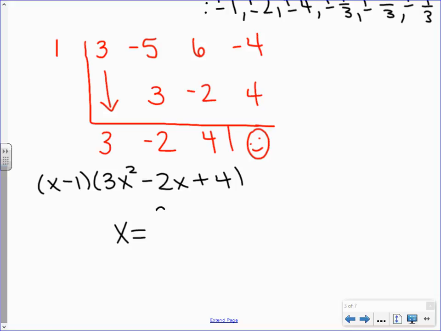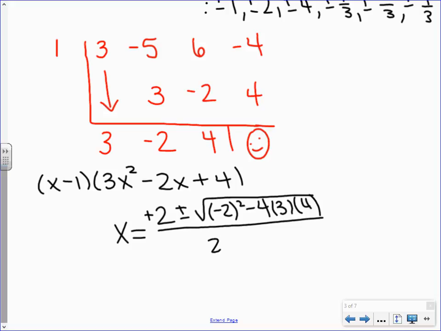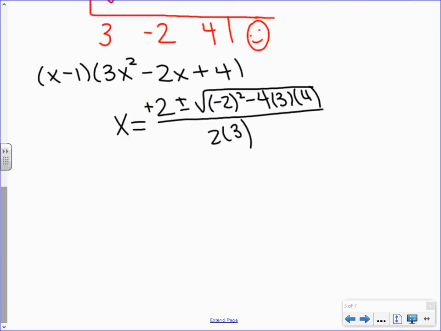X equals -b plus or minus the square root of b squared minus 4ac all over 2a. What is 4 minus 48? -44.